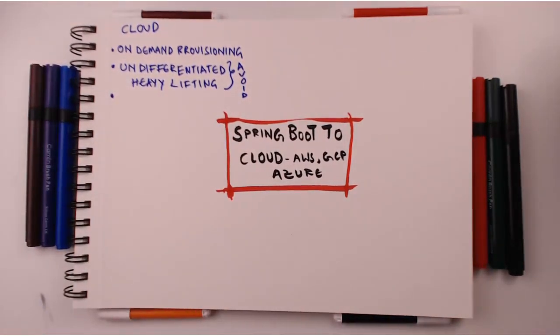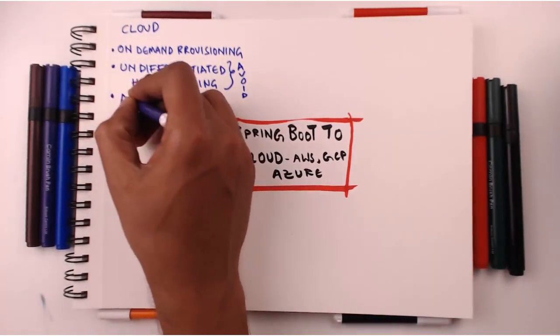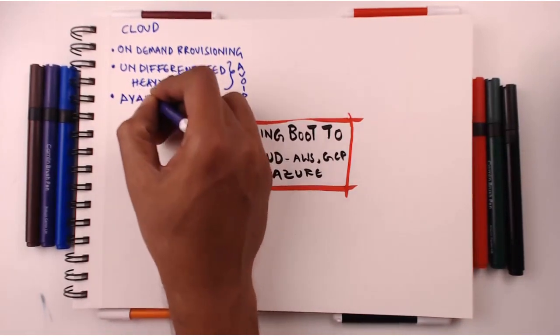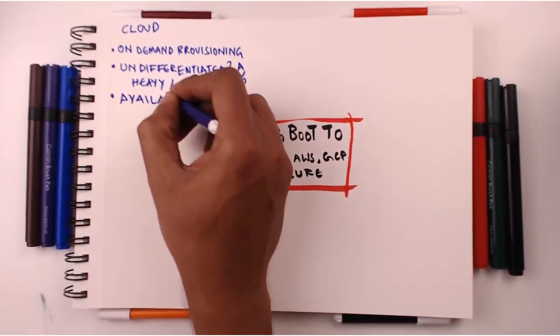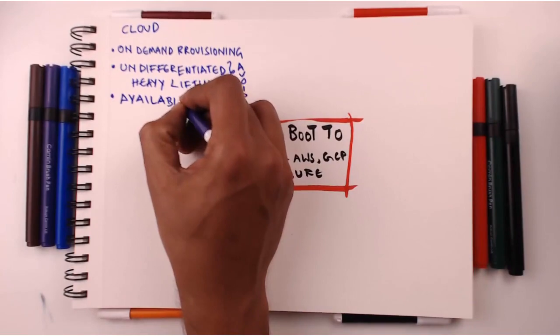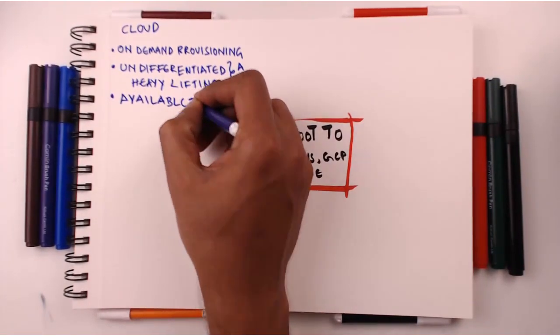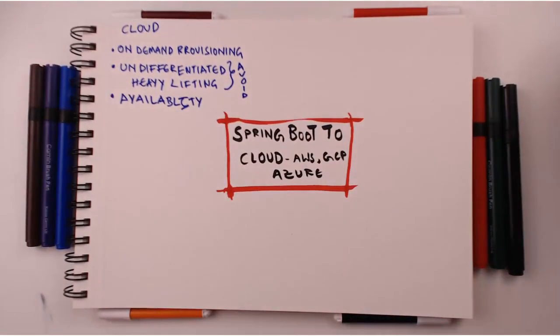The third and the most important reason is availability. If you are a small enterprise or if you are a startup, it's very difficult for you to have presence across the world. So if you want to have servers across the world, it's not easy. But with the cloud, with a click of a button, you can have servers in multiple availability zones and regions.